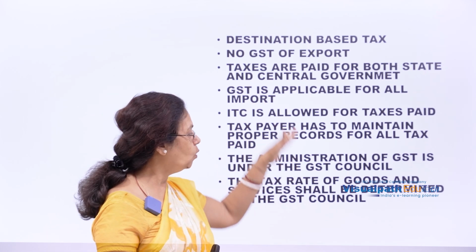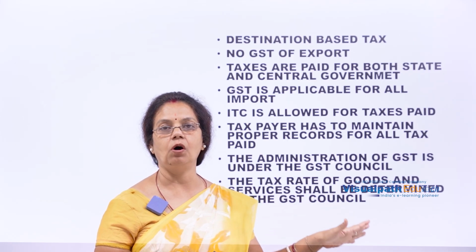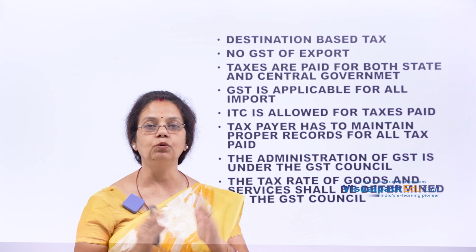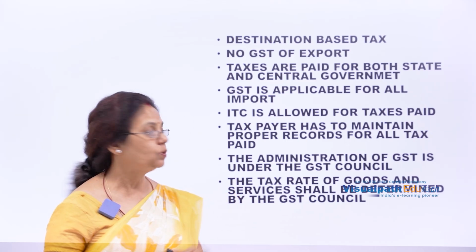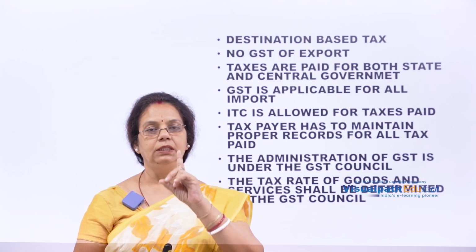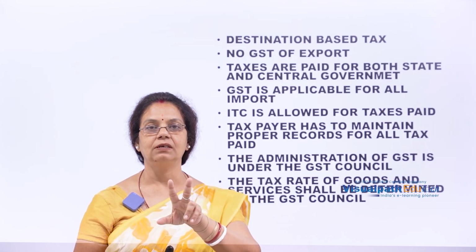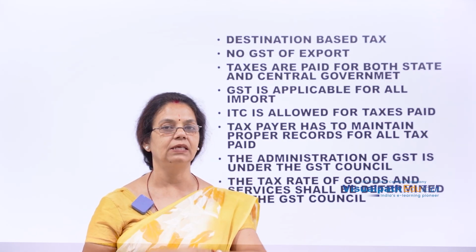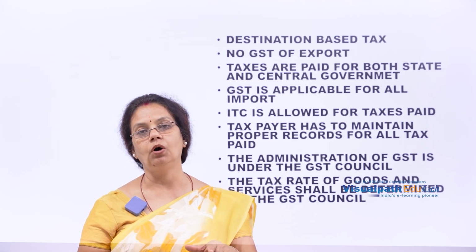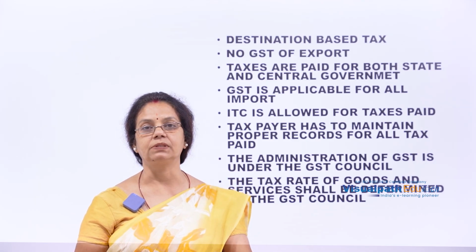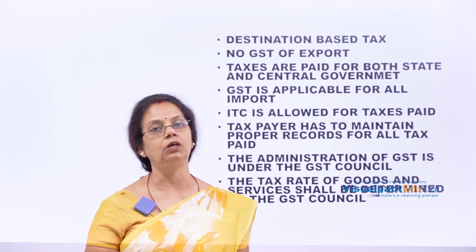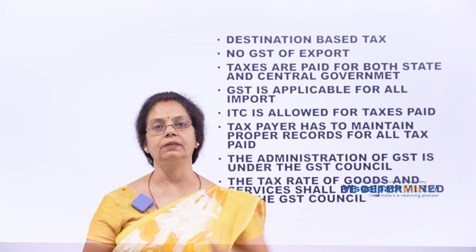So, this is the overview of the characteristics and features of the GST, goods and service tax. Here the most important points are these. Number one, GST has a dual effect: one is CGST, another is SGST. Secondly, GST is imposed on import items and GST is not applicable in case of export items.